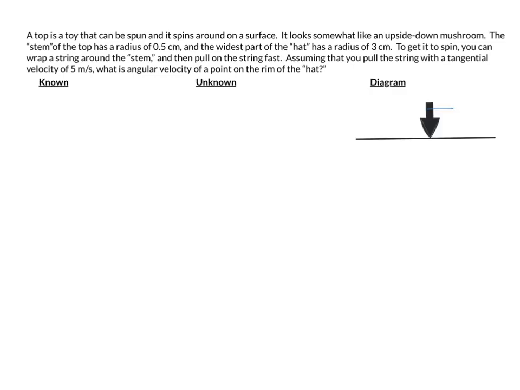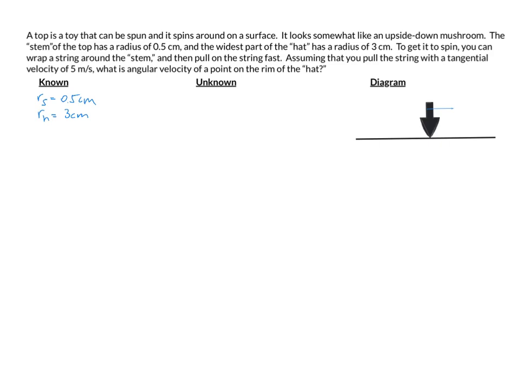So let's write down the stuff that we know. The problem tells us that the radius of the stem, so I'm going to call it r sub s, is 0.5 centimeters. And the widest part of the hat has a radius of 3 centimeters, so r sub hat is 3 centimeters.